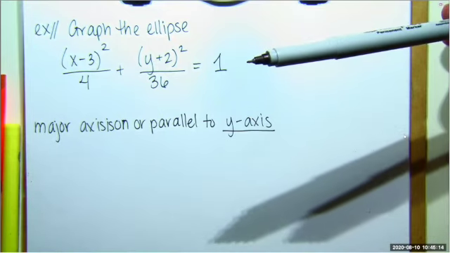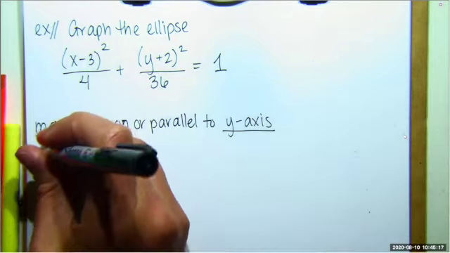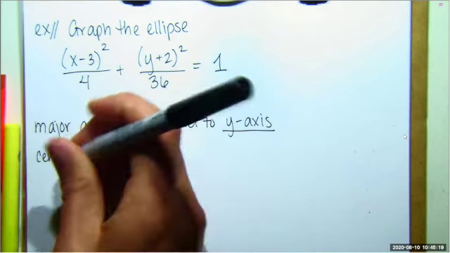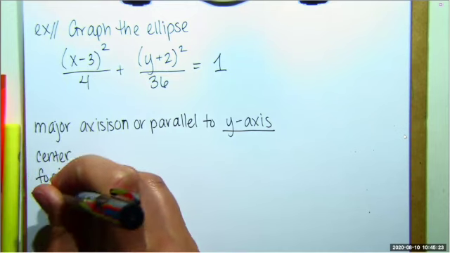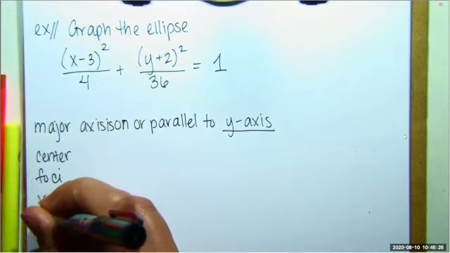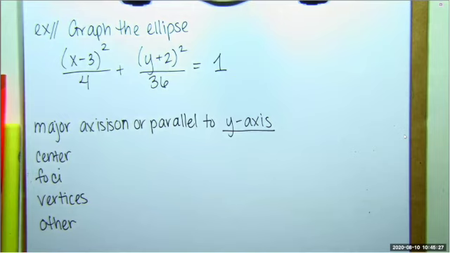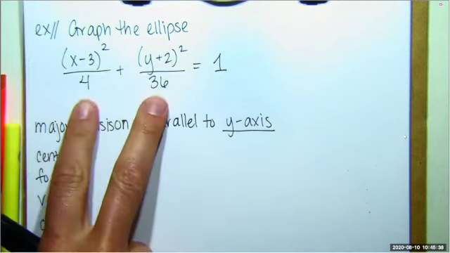Okay, the next thing we want to do is list out our center, our foci, our vertices, and those other points. Once we have all those things, we put them together on a graph and we'll be done. In order to come up with any of these points, we're going to need to know A, B, and C. So we want to label these denominators A squared and B squared.